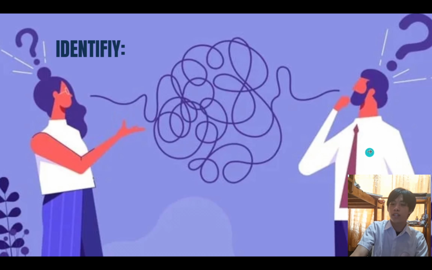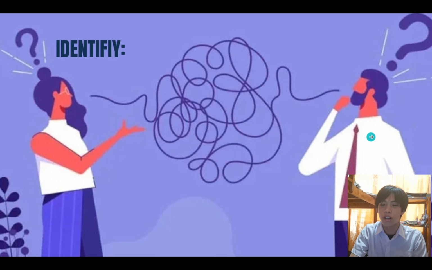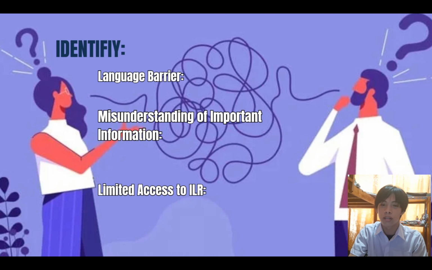From what you can see from this example, those examples represent the 3, but I want you to identify what those 3 are. The first being language barrier, secondly, misunderstanding of important information, and thirdly, limited access to ILR. So what is it?